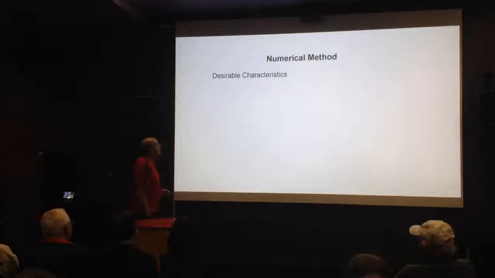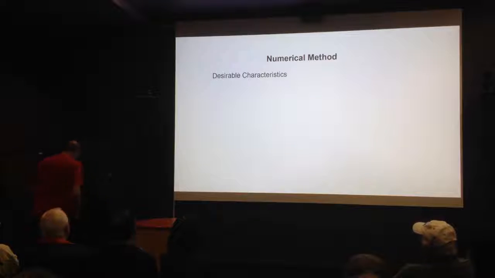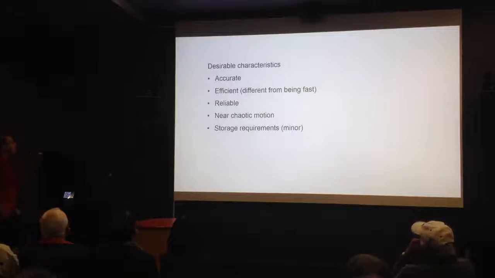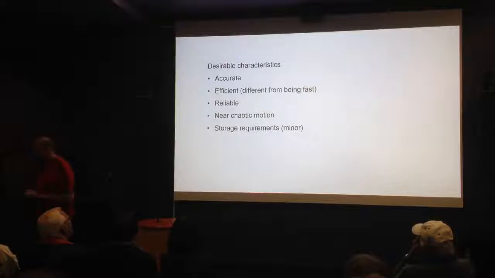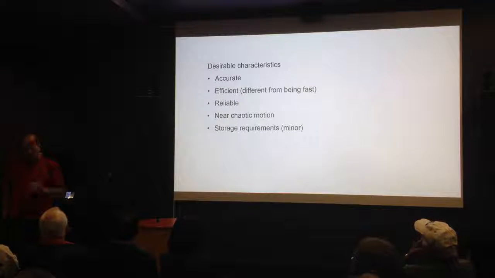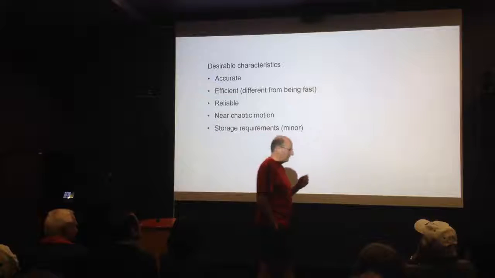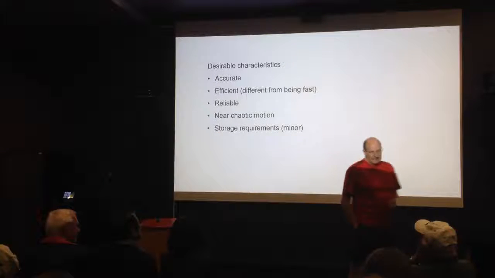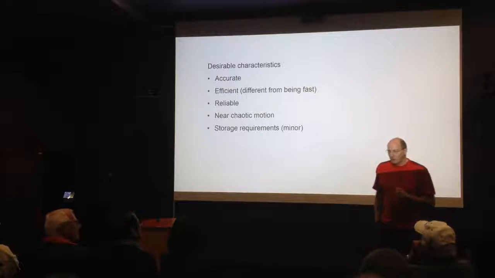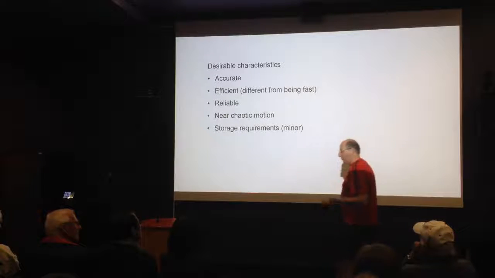So let's see how you did. Okay, accurate. Okay, I said efficient. This is different from being fast. What efficiency means is that for a given accuracy, it's as quick as possible. You don't want to give up accuracy. Some computational astronomers do give up accuracy and want to have the program faster. I maintain that you should fix the accuracy you want, and then you make the program as fast as possible.